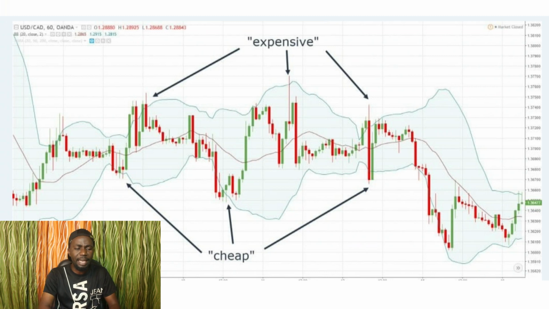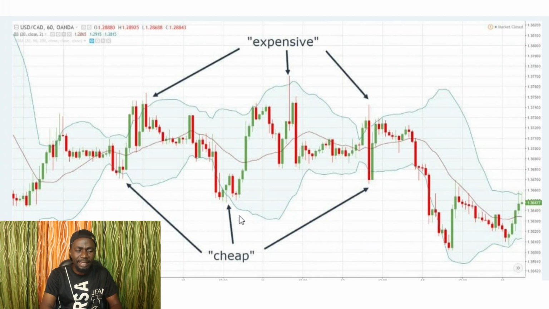it tells you that the market is too expensive. The same thing is applicable to the lower band. When price crosses below the lower band, it tells you that the market is too cheap, or the market is in an oversold condition, right? So that is why whenever the market comes out from the lower Bollinger Band, it tends to return back, right?